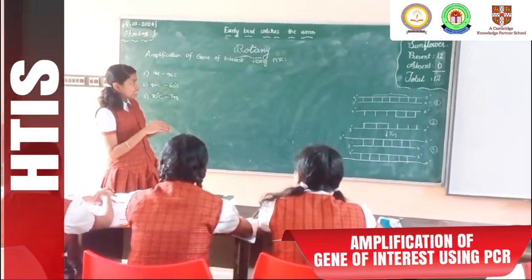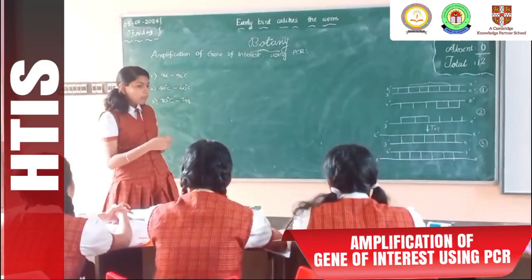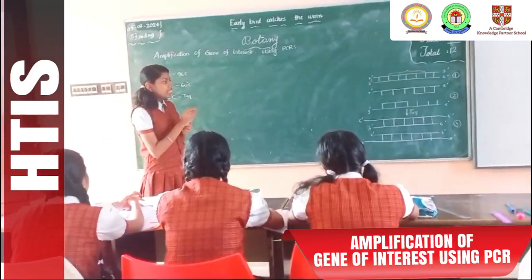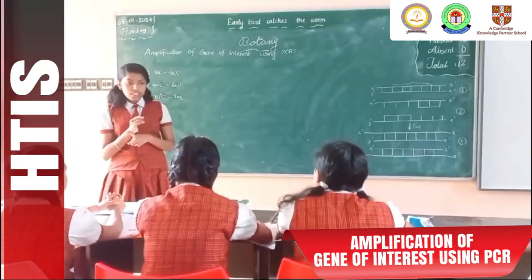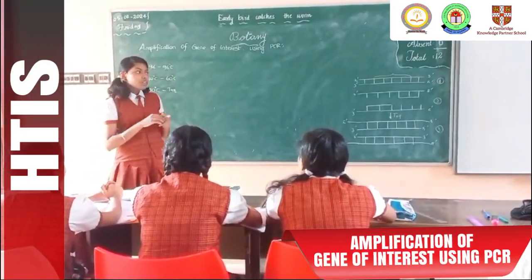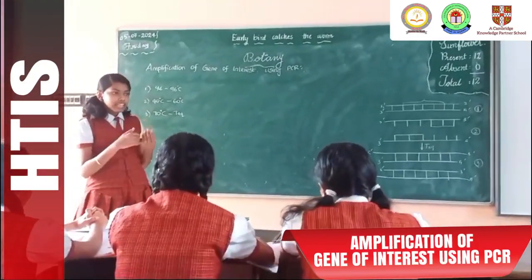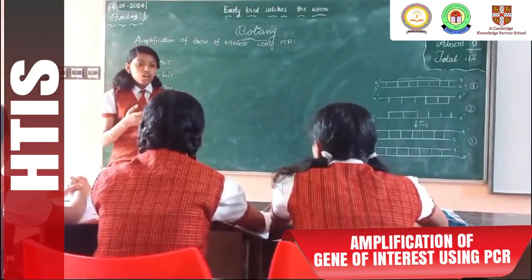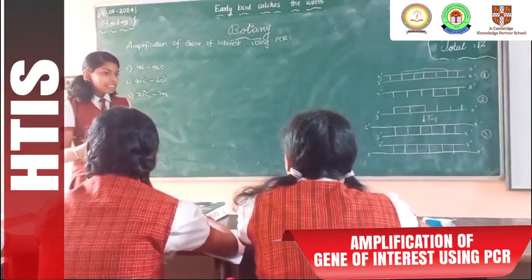PCR involves 3 steps. Using these 3 steps we can make multiple copies of DNA. One is denaturation, second is annealing, third is extension. Denaturation: we know that DNA is a double-stranded helix, and the desired gene we took is double-stranded.